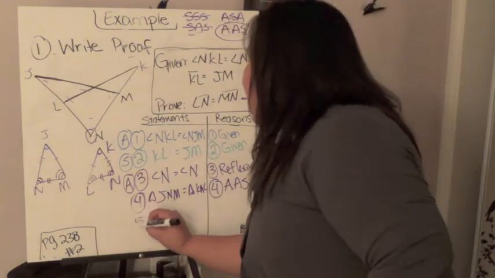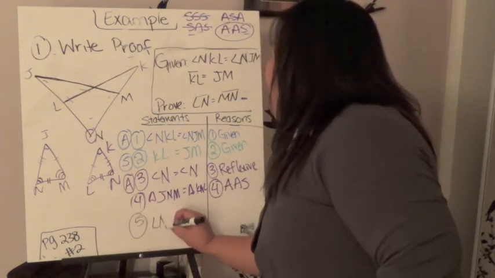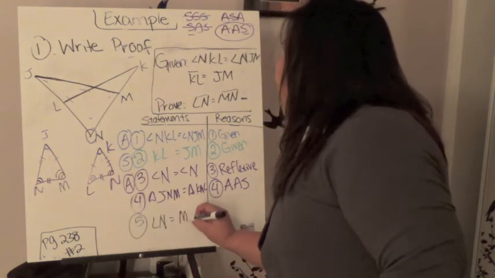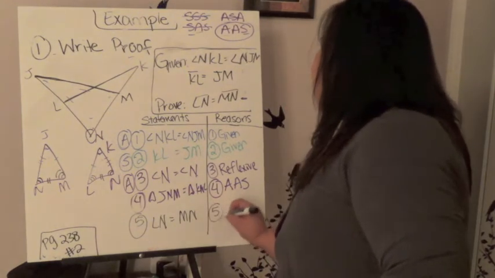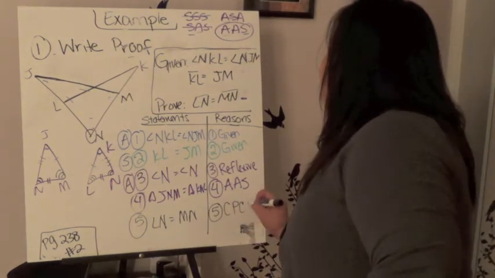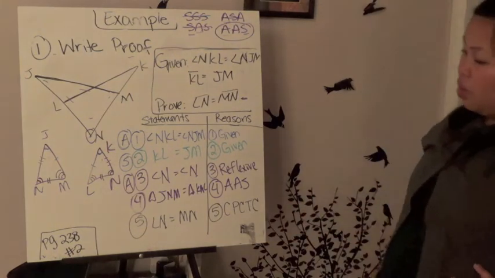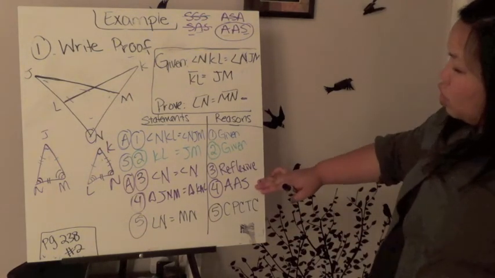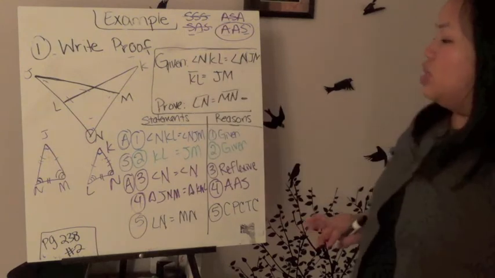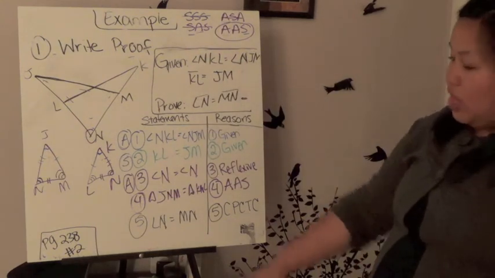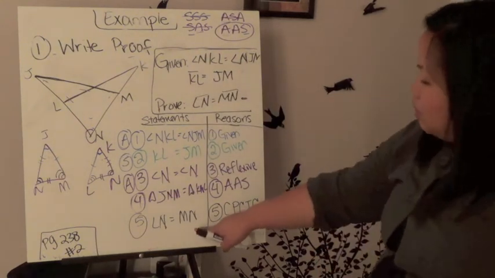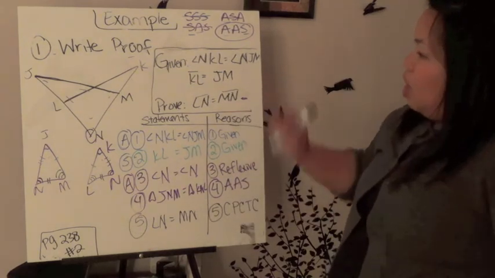So my last step was to tell you that LN is equal to MN because of CPCTC. Once we prove these triangles are congruent, all the other corresponding parts are congruent, and that's what allowed me to do this. Because of this, this equals my last step, therefore I'm done.